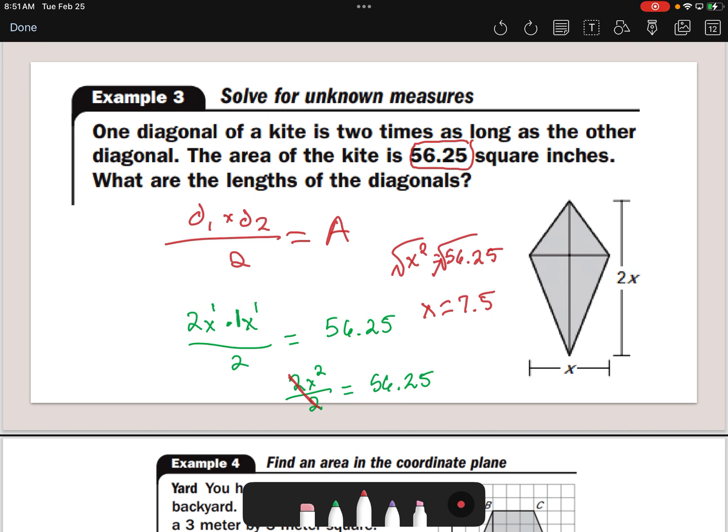Jacob, is that my answer? No. What am I looking for? Diagonal. So I'm going to plug 7.5 in here, and it is square inches, so this is 7.5 inches, and this would be 15 inches. That would be your answers. So I'd box those in. Okay?